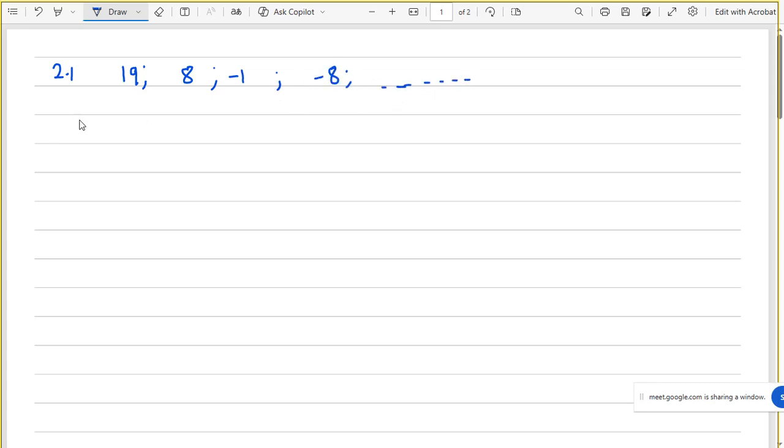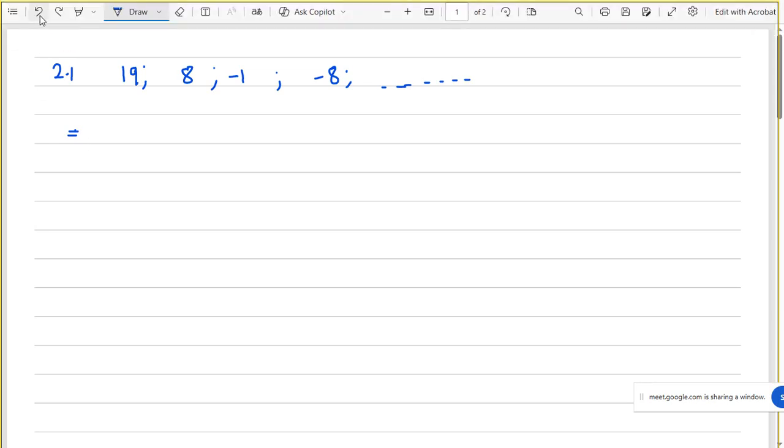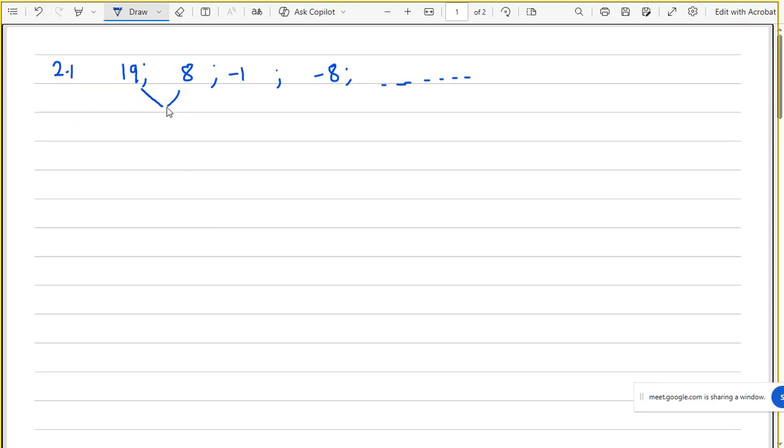I'm not going to answer the question yet. Let's first find the first difference. What is 8 minus 19? Minus 11, right? Then what is 1 minus 8? Minus 9.